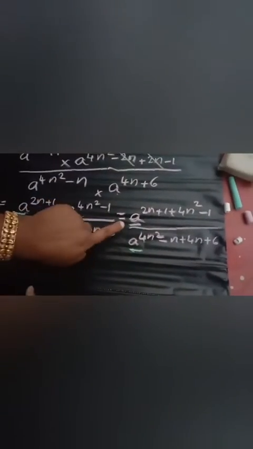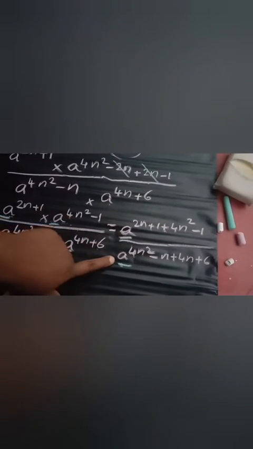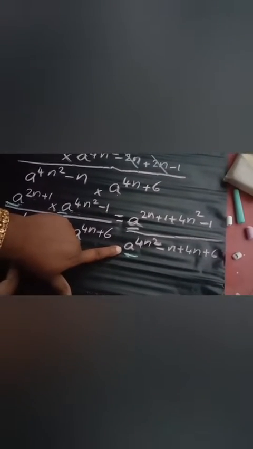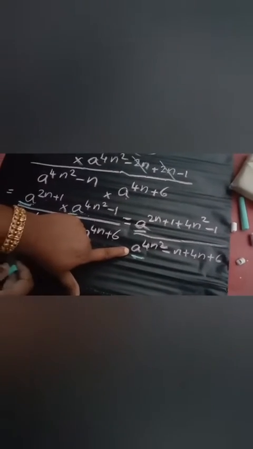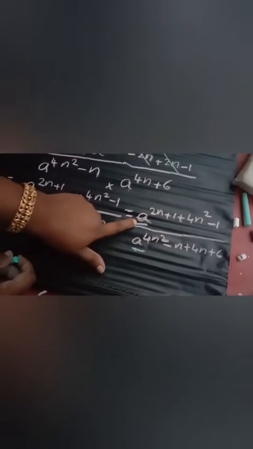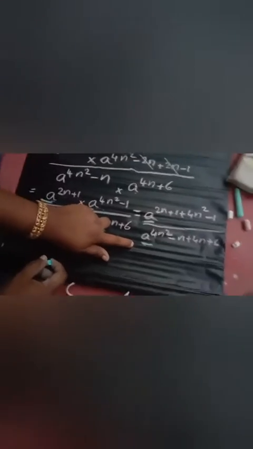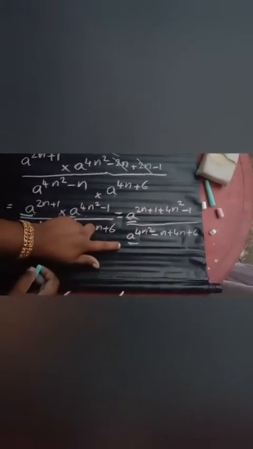This is a raised to m by a raised to n form. Both in numerator and denominator the same bases are there with different powers, so we can subtract the powers. Why? Because a raised to m by a raised to n is a raised to m minus n.